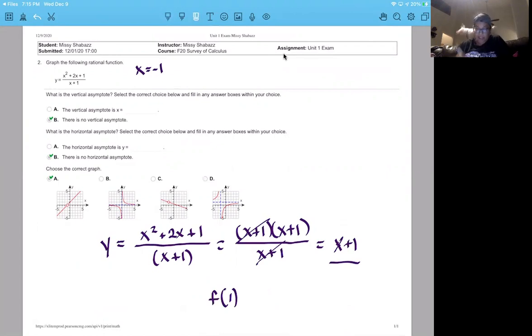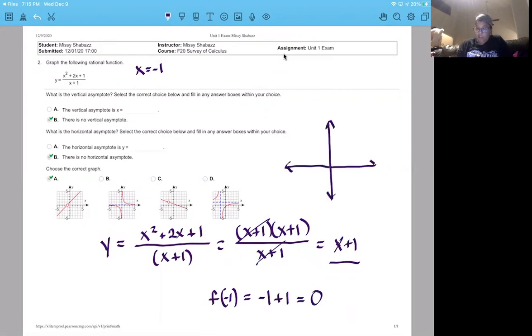If I plug in -1, that's going to tell me where that hole is. -1 plus 1, so that hole is going to be at 0. So at (-1, 0), there's a hole. I have a y-intercept of 1, and it's just going to look like a line.